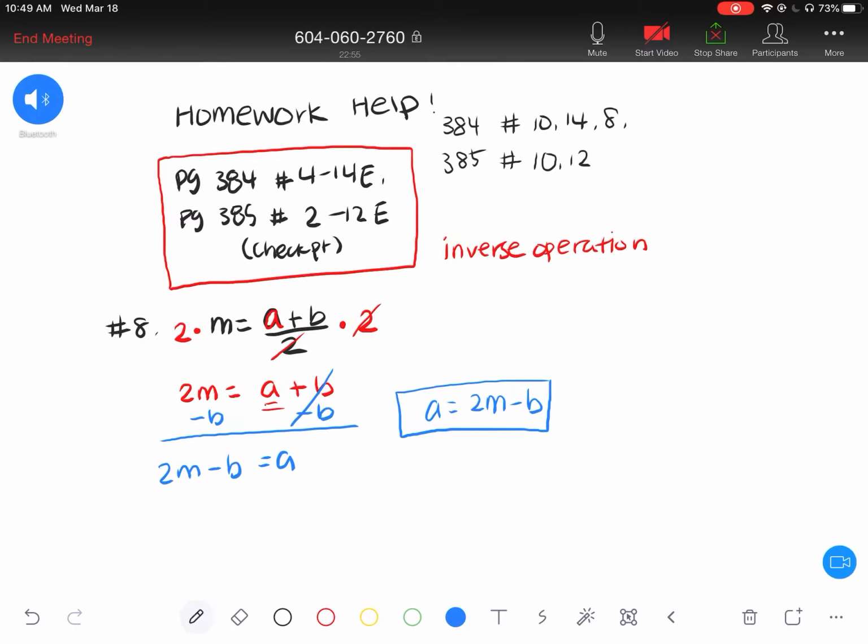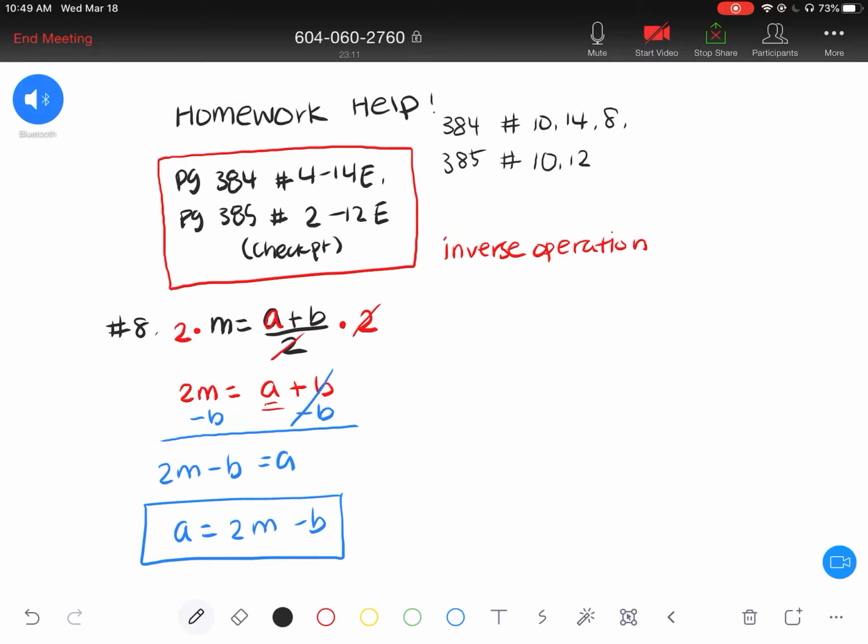Number 10 really is the same. Equation for 10, C equals 3 plus 1.5H.